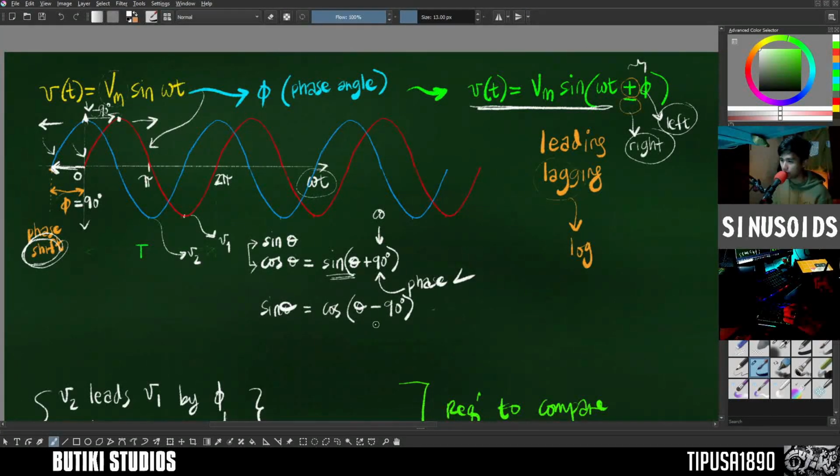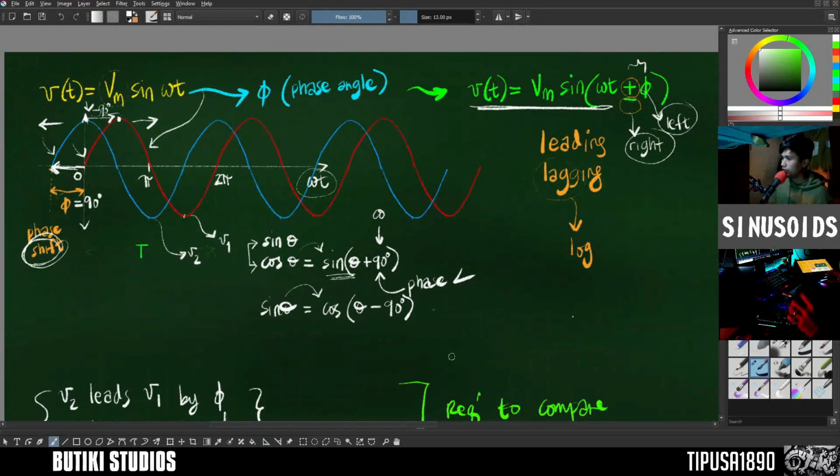So this process here, expressing one function to another, expressing cosine as sine or expressing sine as cosine, is in fact very useful, no? Importante nga makabalot ani for certain nga mga problems nga kinahanglan nato nga masulbad.